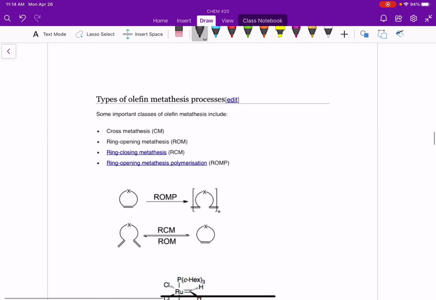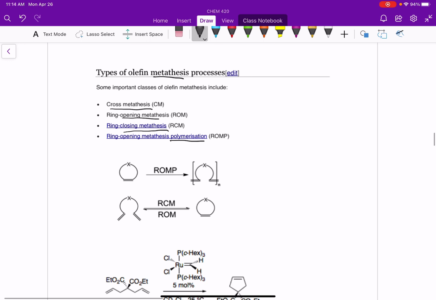There's different types of metathesis processes. There's cross metathesis when you're mixing two different compounds together, ring opening, ring closing metathesis, and then ring opening polymerization. So here's the polymerization process here. We're really going to be focusing on the ring closing metathesis.